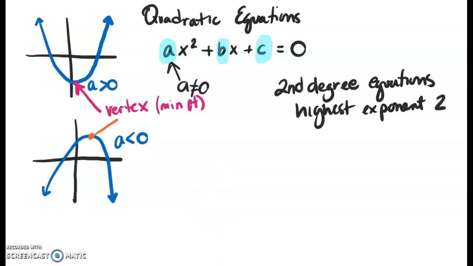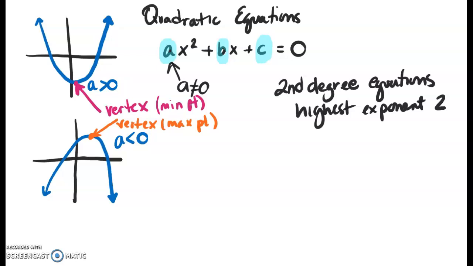And the vertex, if A is negative, is a maximum point. It's the highest that the parabola will go if A is negative. So this is just talking about the graph and that shape and the minimum or maximum.